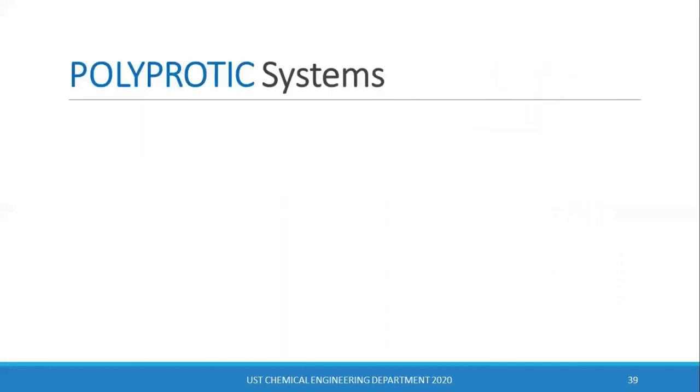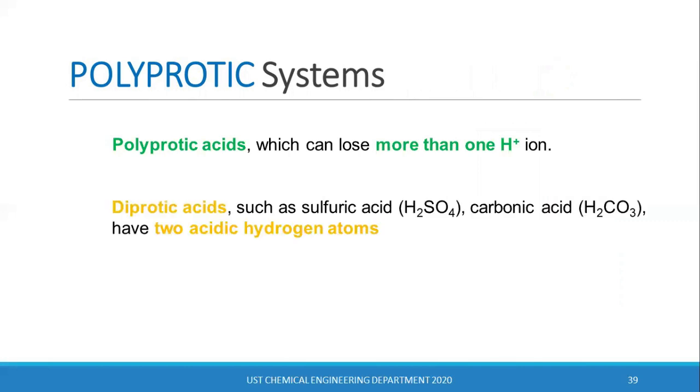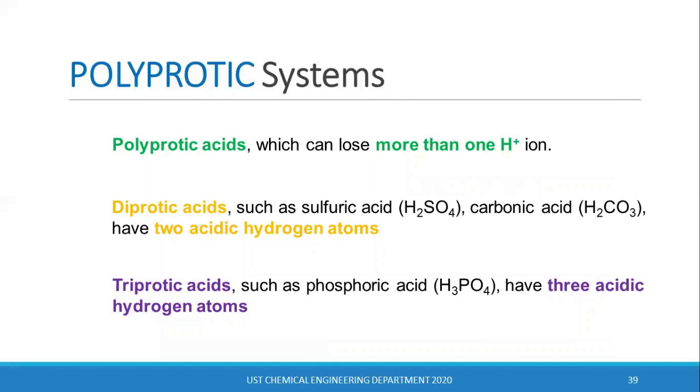Finally, we will introduce the concept of polyprotic systems. Polyprotic acids contain more than one H plus ion, as implied from the prefix poly. Diprotic, on the other hand, contains two acidic hydrogen atoms, as implied by the prefix di. Lastly, triprotic acids have three acidic hydrogen atoms.